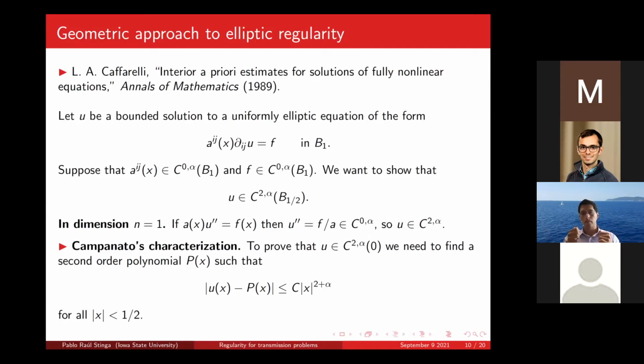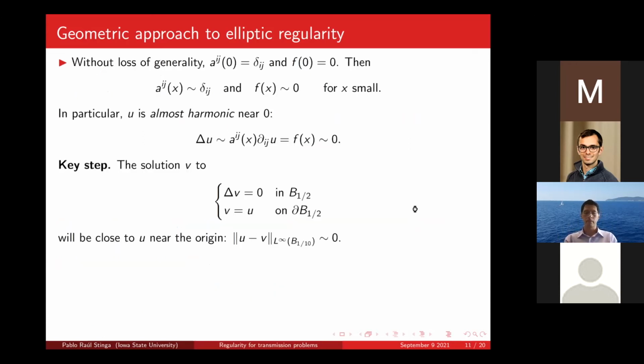And if you have some control on the way you're doing this rescaling, this is the C alpha property of the coefficients and f, then you're able to transfer essentially the limiting profile, the limiting regularity, into the solution u. Okay, so this is the idea, Caffarelli.